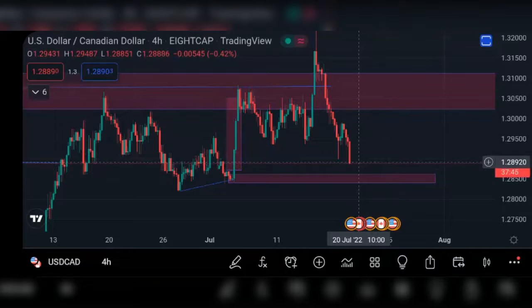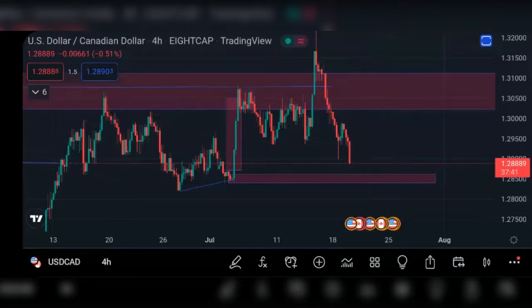Around 8 o'clock, 7 o'clock, two sessions are overlapping, which are the London session and also the Asian session. Then around 1:32 p.m., two sessions are also overlapping, which are the New York session and also the London session.